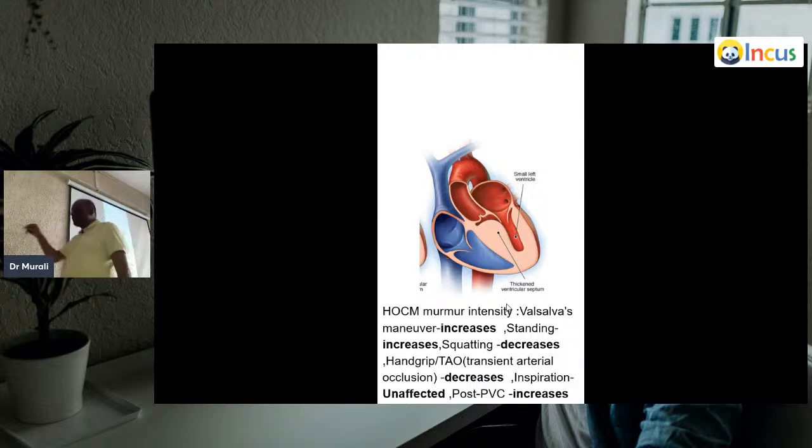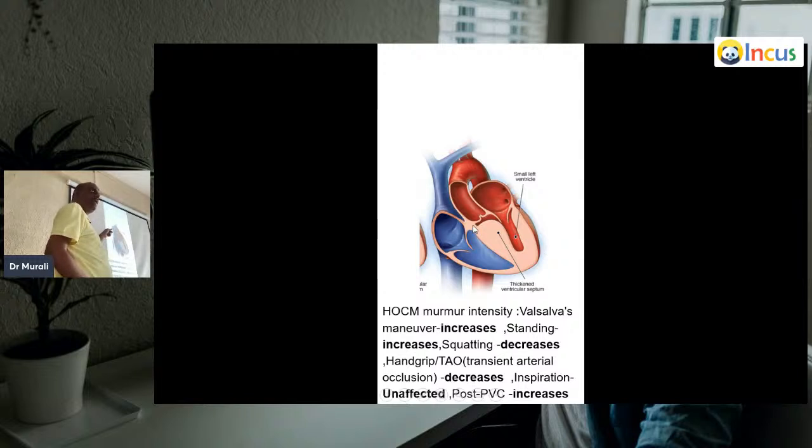During inspiration, there is a negative intrathoracic pressure, more venous return, and more preload to the heart. Obviously, during expiration, there is a positive intrathoracic pressure, decreased venous return, and decreased preload to the heart. So when there is decreased preload, the filling of the left atrium is lesser, the filling of the ventricle is also lesser, so the size of the ventricle is smaller.